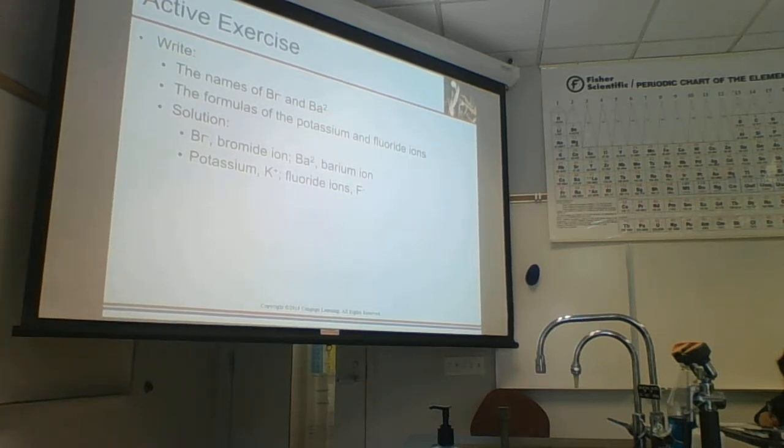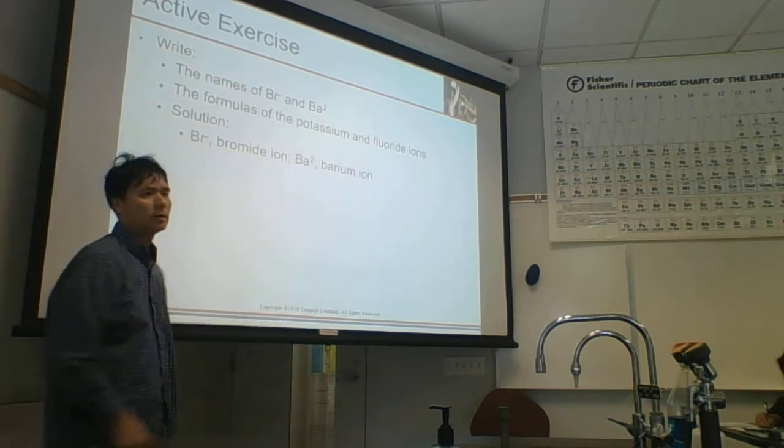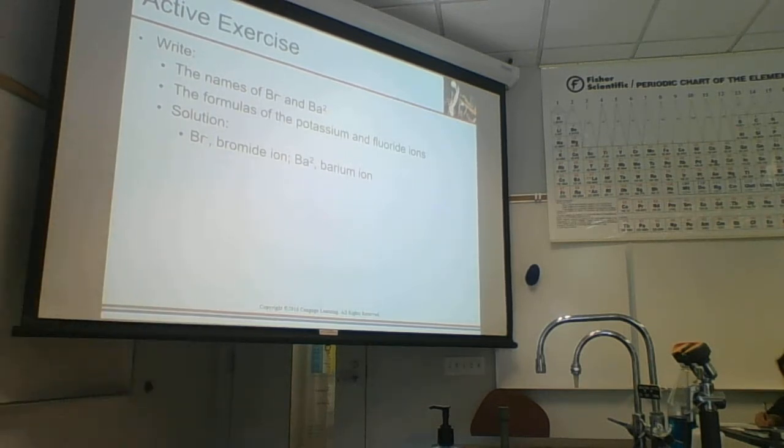All right, oops, I jumped ahead. The formulas for potassium. What is the potassium ion? So we're going to find, where's potassium on the periodic table? It's in the first column here, so it's what we call group 1. And they're always +1. And so the potassium ion is going to be, what's the symbol for potassium? K. It would be K+1.